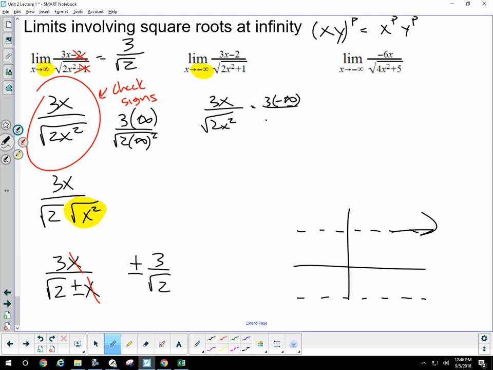You already got your answer down below. 3 times negative infinity is a negative, divided by root 2 times negative infinity squared. Something squared is a positive, times 2 is a positive, rooted stays positive. The square root of a positive is a positive. So I have a negative divided by a positive. That's a negative. That's telling me that to the left, I am going to just the negative 3 over root 2.